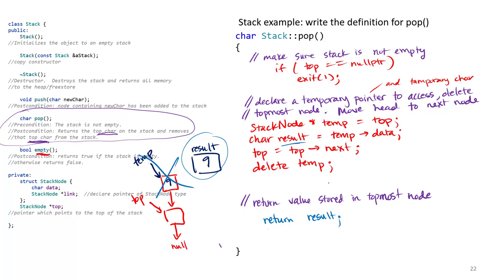If I had some variable to track length, I could also decrement length, but in this case, I don't have any variable keeping track of the number of nodes in my list. So all I needed to do was delete my topmost node and then shift my pointer top to the next node in the list.